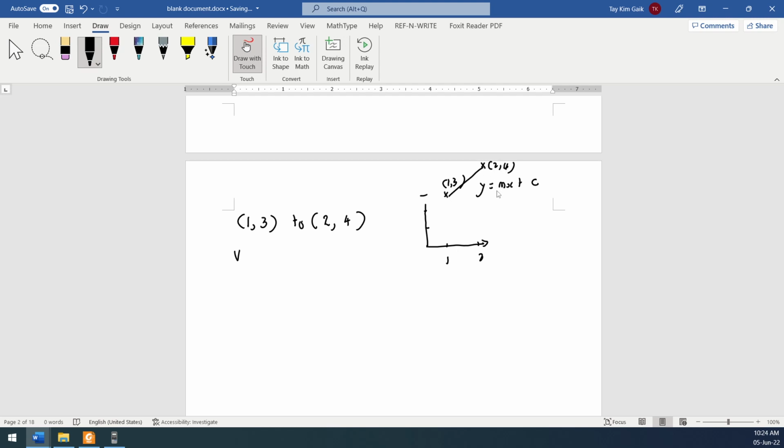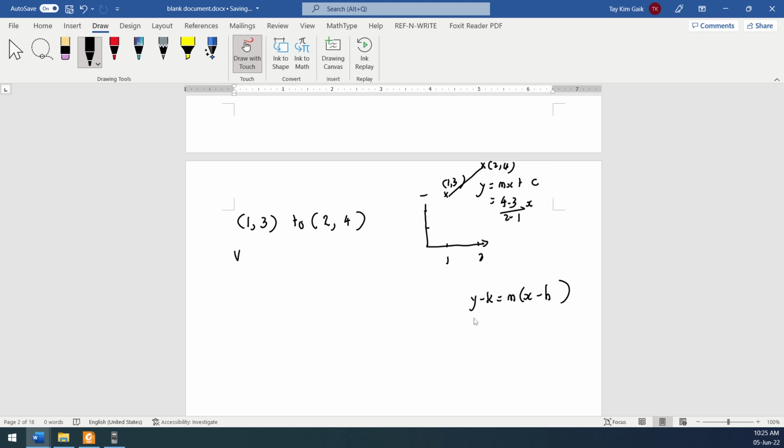The m is 4 minus 3 over 2 minus 1. Then you need to find the c. It is difficult because you don't have the c, so you need to use another formula, y minus k equal to m times x minus h.